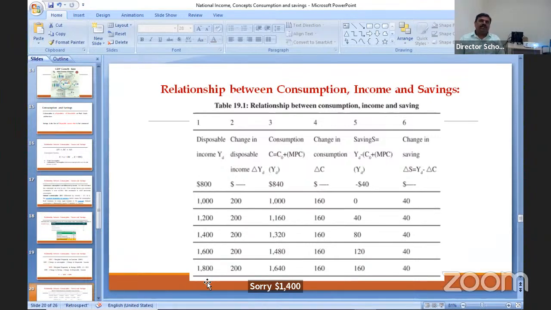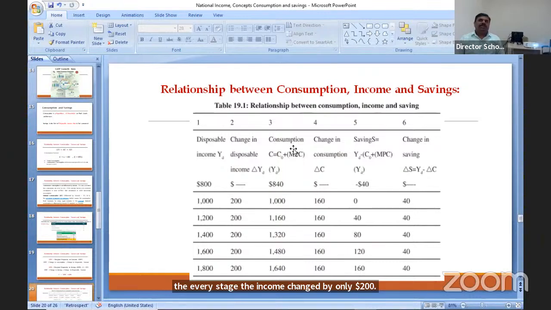In this way the disposable income increases. Then what will happen? The change in disposable income, how much the income is changed at every stage? By $200. Is this from 1,000 to 1,200? At every stage, the income changed by only $200. There is a change in disposable income.